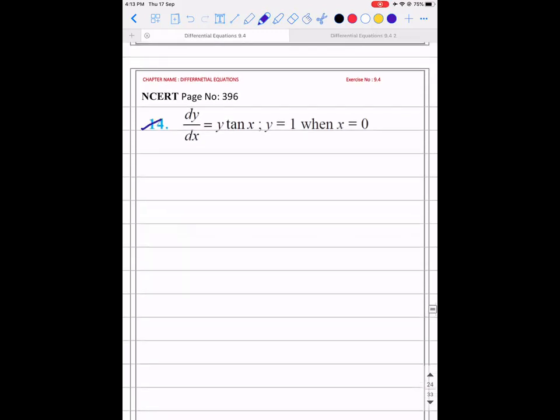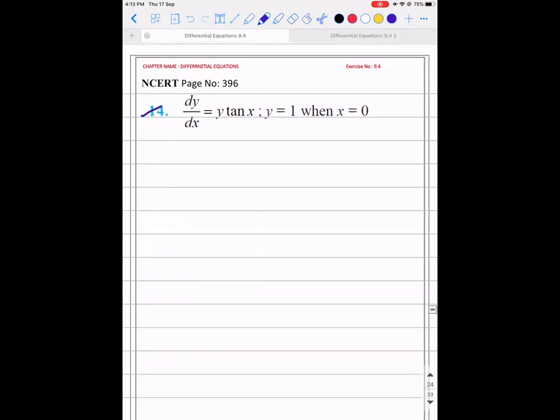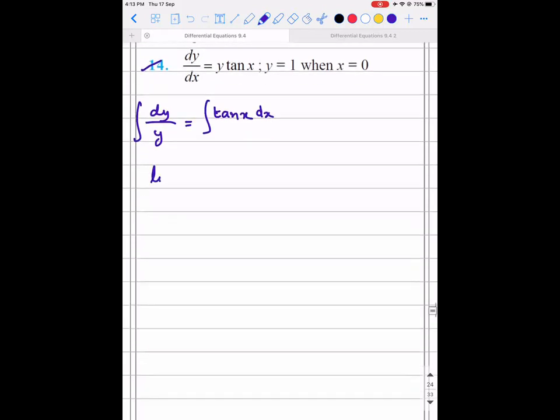So dy by dx is equal to y tan x. y is equal to 1 when x is equal to 0. So how to do this? dy by y is equal to tan x dx. Integrating on both the sides, what do you get? Log y is equal to log secant x plus, you can take it as log c because log is involved. So y is equal to 1, x is equal to 0. So points are 0, 1. So when you substitute, log 1 is equal to log of secant 0 plus log c.